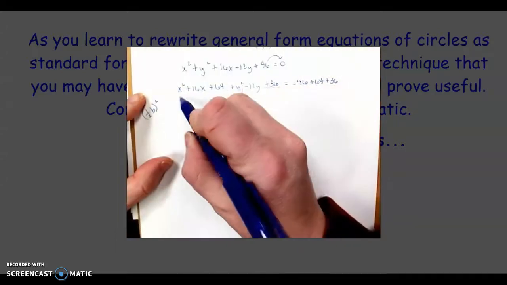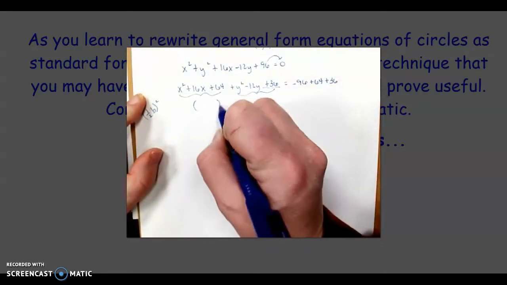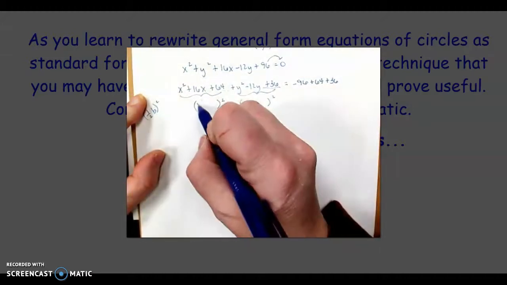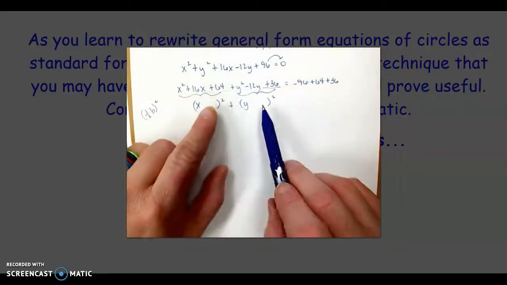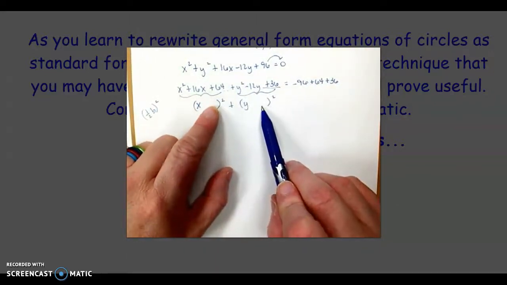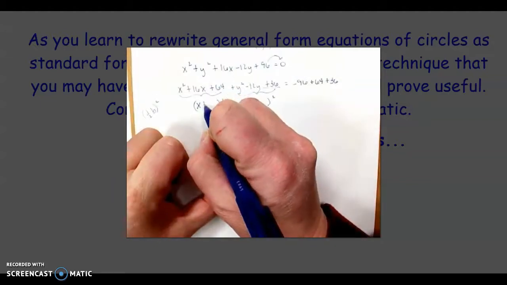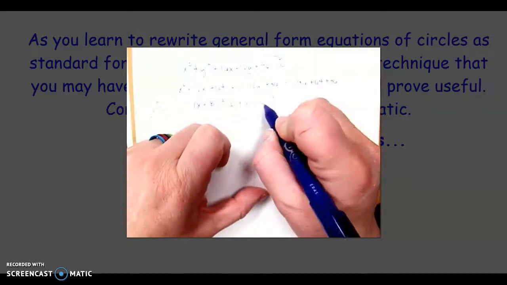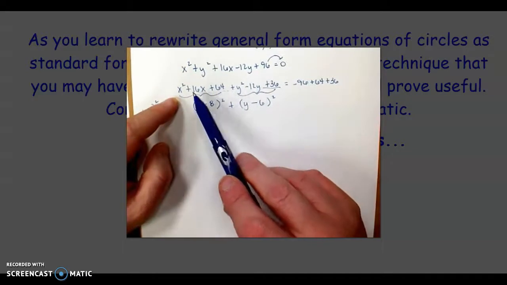So now these are my perfect square trinomials that can factor into those binomial squares. Remember, the first one will have an x, the second will have a y. Remember, these numbers are simply half of b. Half of positive 16 is positive 8. Half of negative 12 is negative 6. So, what numbers multiply to get 64 and add to get 16?